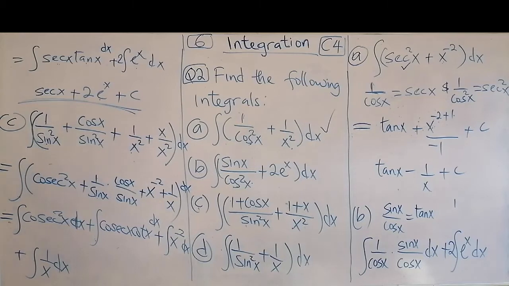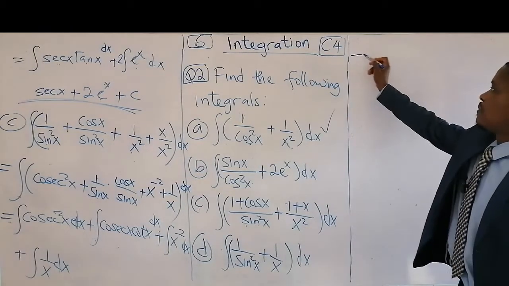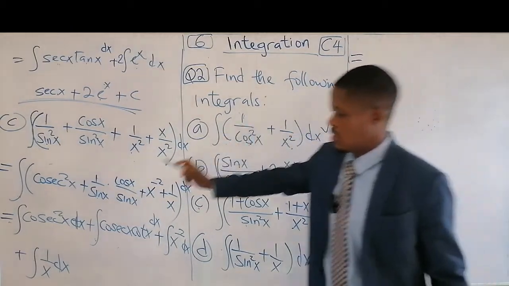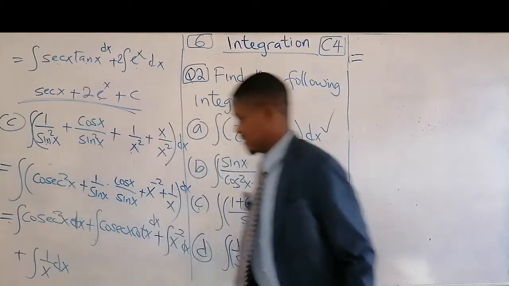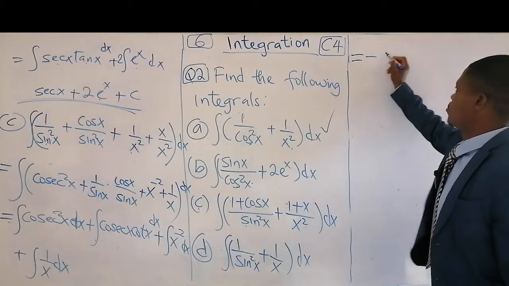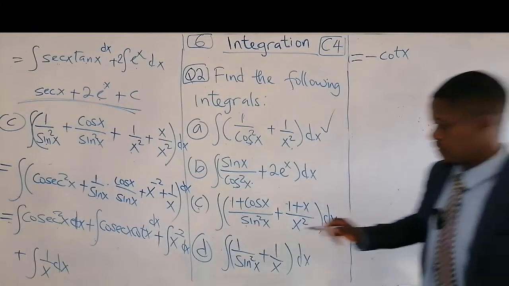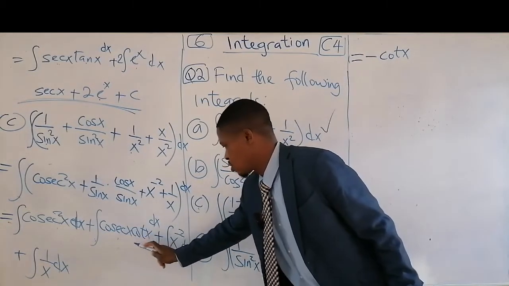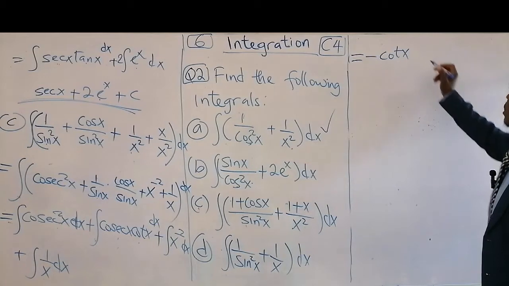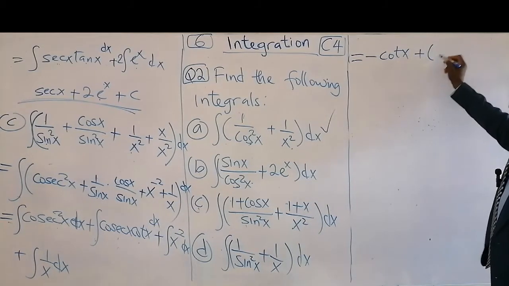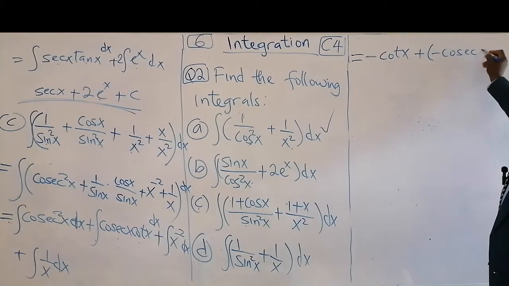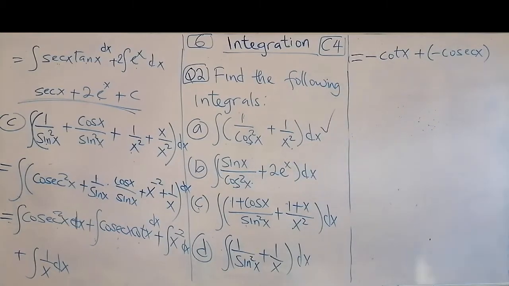Then the final thing to do now is to get the value for those integrals. The integral of cosec square x is minus cot x. The integral of cosec x cot x is minus cosec x.